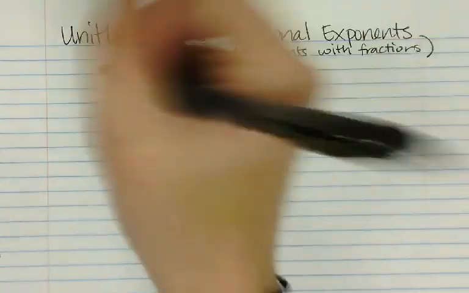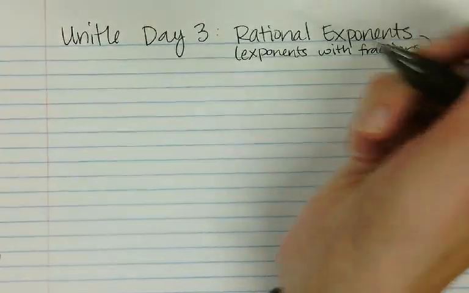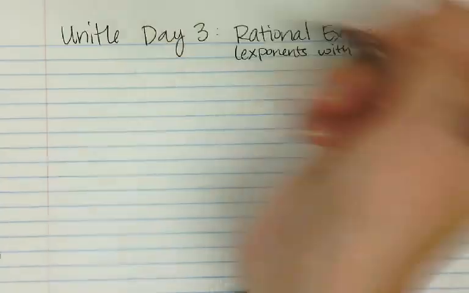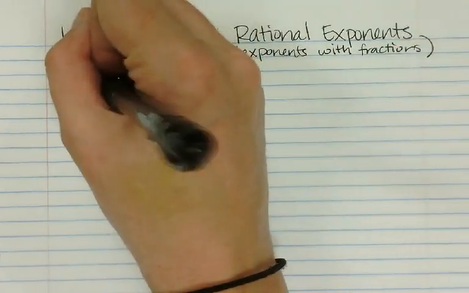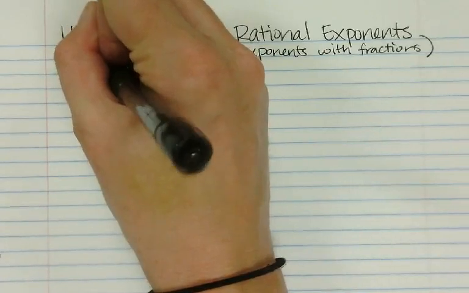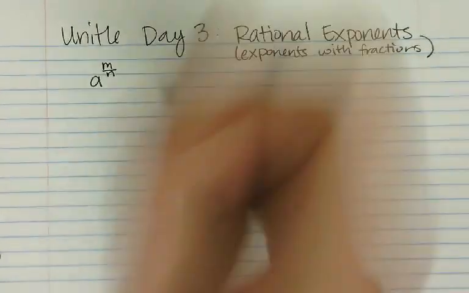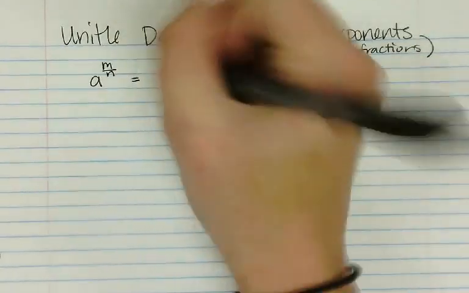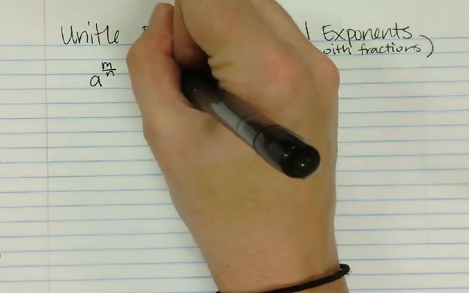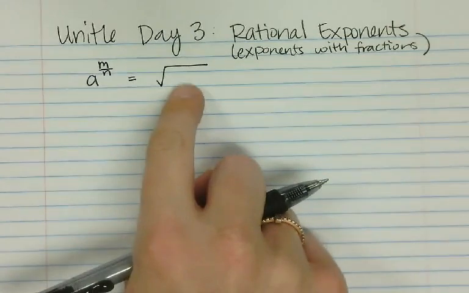So here we go. So guys, there's two ways that this can be written, and this is on your formula chart as well. So guys, what we have is if we have a to the m over n, where your exponent is an actual fraction, you can rewrite that as a radical.